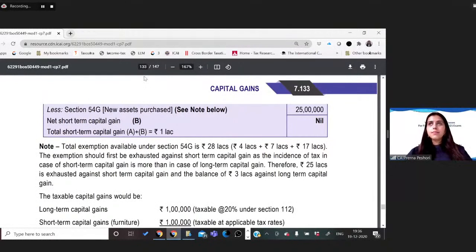Is it clear? Any doubts till now? Anjali, did you understand this now? Land is only one. Raman, did you understand this? Is it clear?